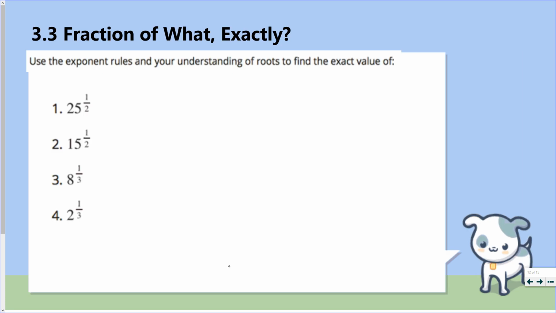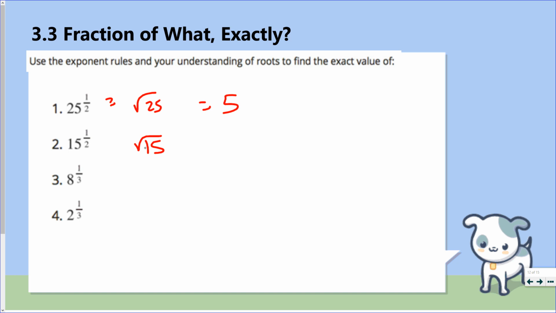Okay, so let's try it out. What's 25 to the 1/2 power? Well, that's equal to the square root of 25, but you don't even have to think square root of 25, just say 5. So when you see a power of 1/2, immediately think square root. Square root of 15 is just square root of 15. Now, with these, because you're dealing with square roots, you could make the case for possibly a -5.